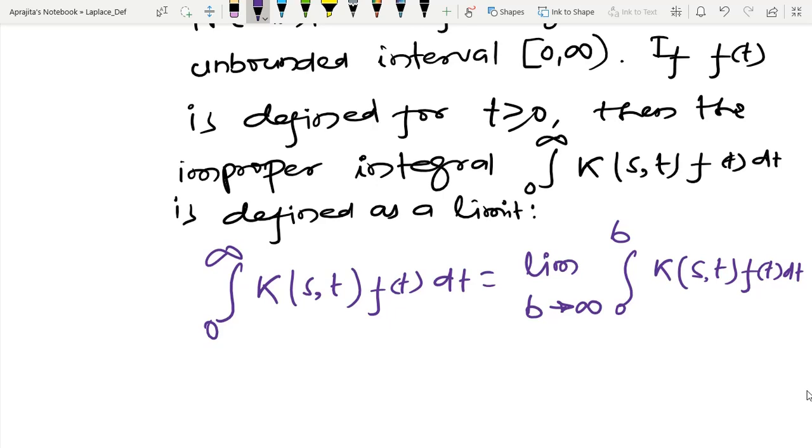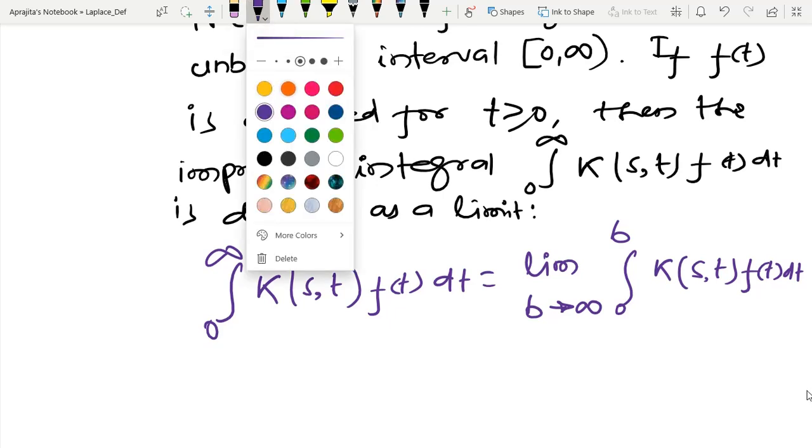In some cases this limit will exist, and in some cases this particular integral does not exist. So I have two different kinds of situation.